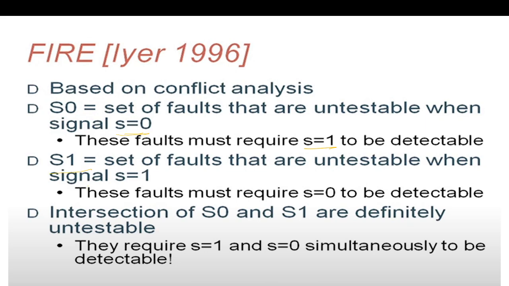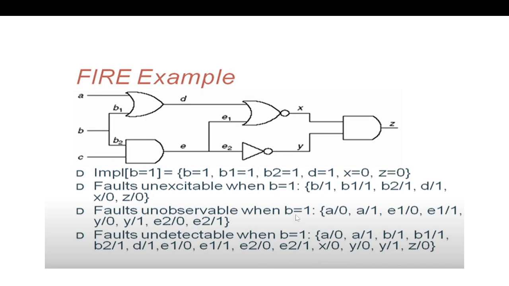And if S1 is the set of faults that are untestable when S is equal to 1, this exciting will need the opposite value, S equal to 0. So the intersection of both S0 and S1 will be untestable, because they require both S0 and S1 simultaneously. With this, we will see through an example.